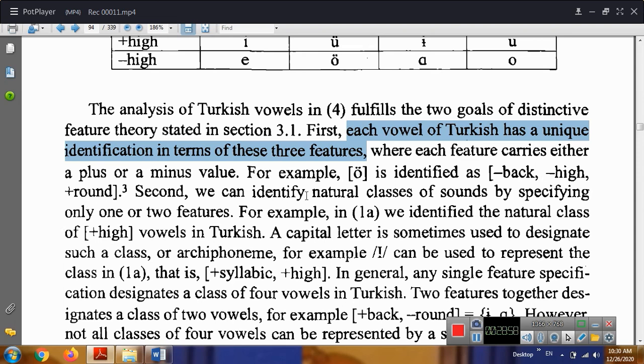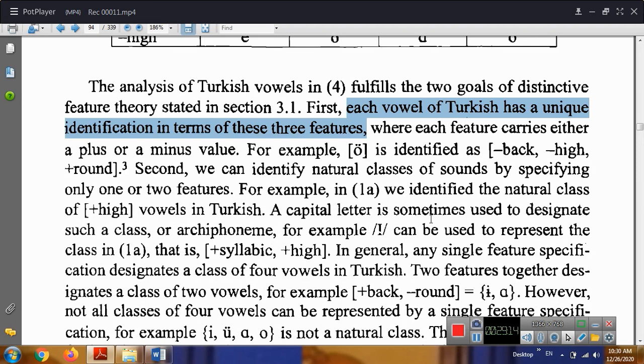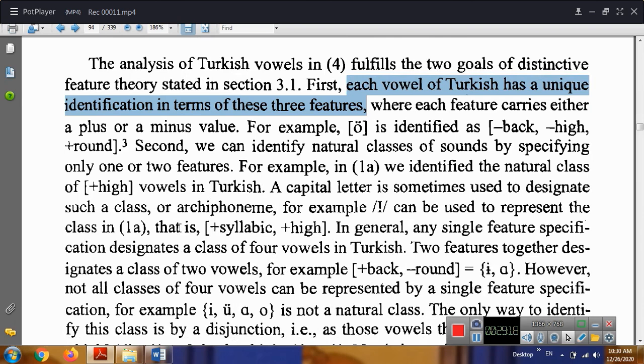Second, we can identify natural classes of sounds by specifying only one or two features. For example, in 1A, we identify the natural class of high vowels in Turkish. A capital letter is sometimes used to designate such a class, or archiphoneme.